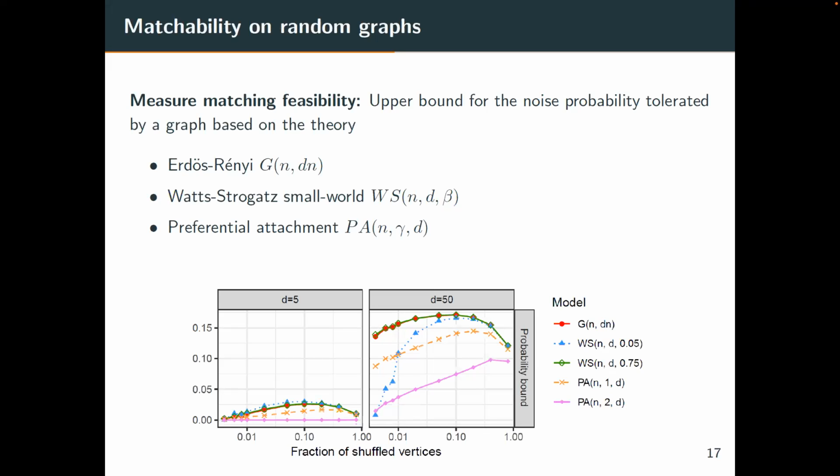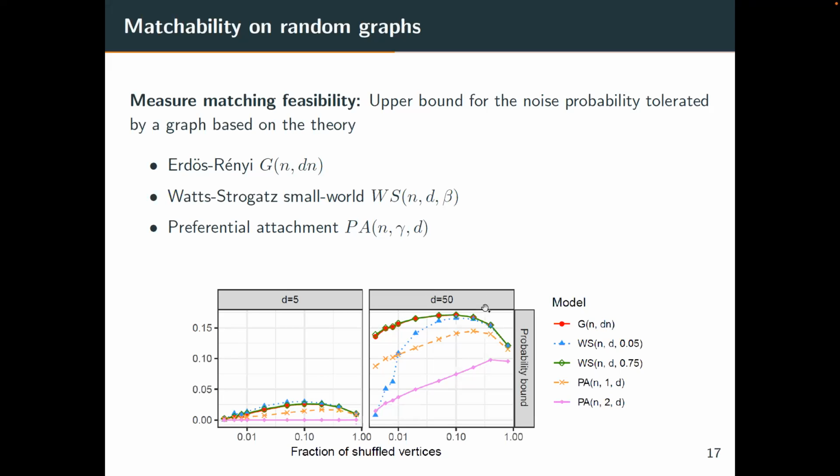So for example, here I have a comparison of the Erdos-Renyi model, the Watts-Strogatz model, which is actually very similar to the Newman-Watts model, but this one is harder to analyze because of more dependencies, though this still generates networks with the small world property, and preferential attachment networks, which basically have the property that the rich get richer. So if you have a lot of friends and new people that come to the network are going to become your friends, that's going to depend on how many friends you had in the past.